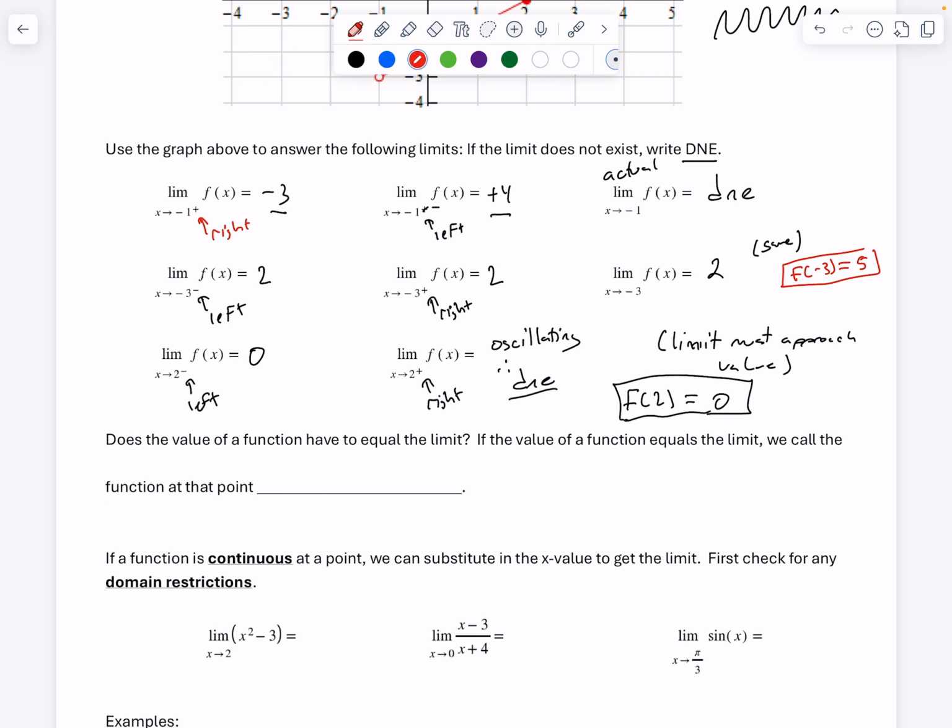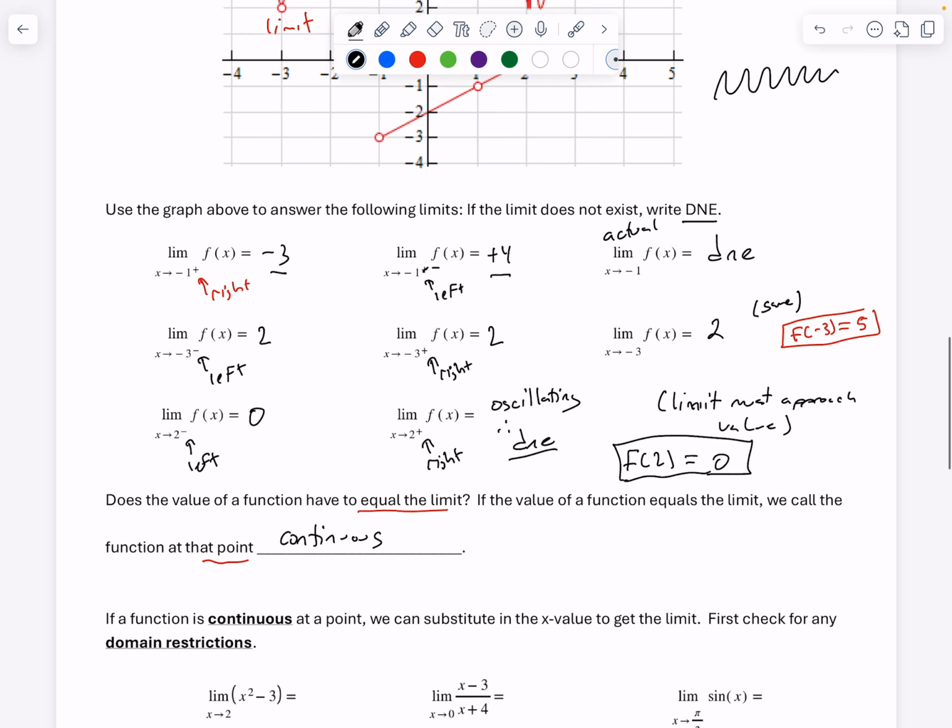If the value of the function is equal to the limit, so if that value equals the limit, we call that function continuous at that point. Now notice, only at that particular point. Now we're going to spend a lot more time with this later on. Continuous. There we go.